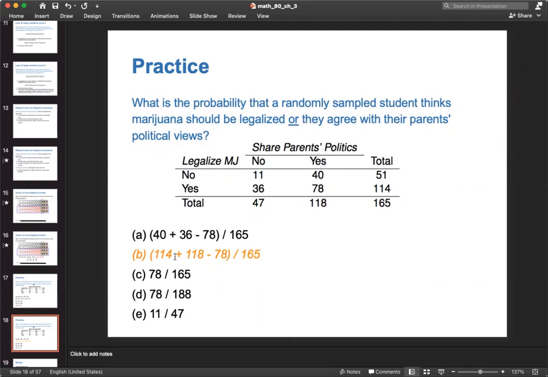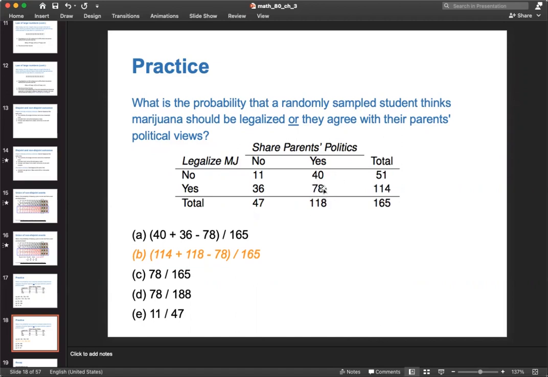So this 114 is the total number of students who believe in legalizing marijuana. Legalize marijuana, yes, sum across, 114, plus the total number of students who share their parents' political views, yes, sum down the column, you get 118, minus, because of double counting, keep in mind that we actually end up counting this number twice, in this direction and this direction.